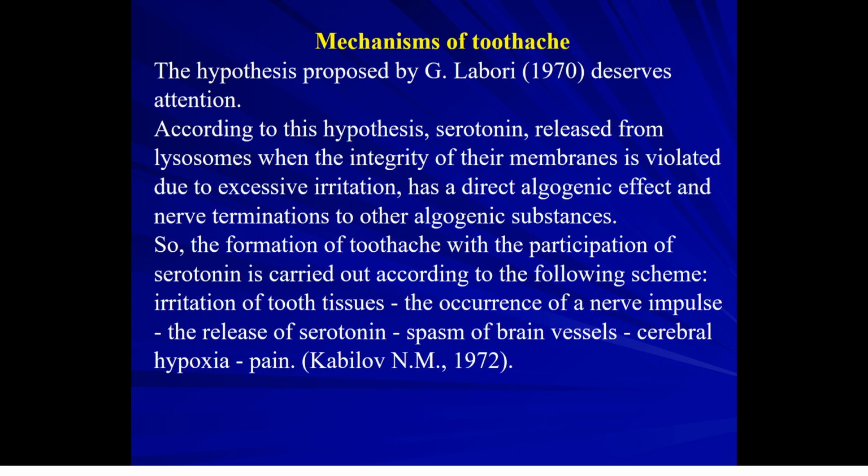So, the formation of toothache with the participation of serotonin is carried out according to the following scheme: irritation of the tooth tissues, the occurrence of nerve impulse, the release of serotonin, next spasm of brain vessels and cerebral hypoxia, and then pain.